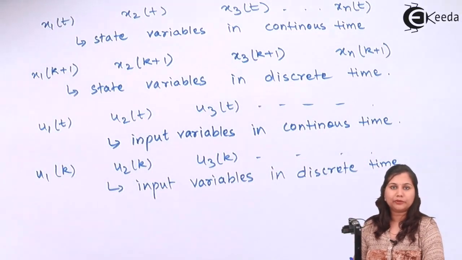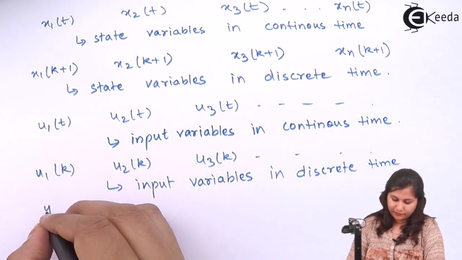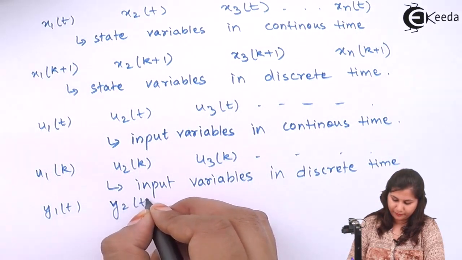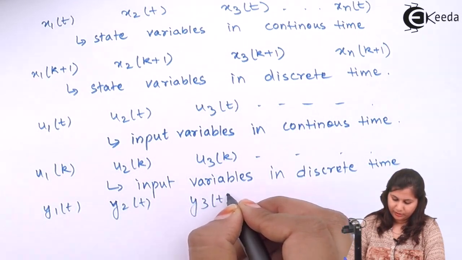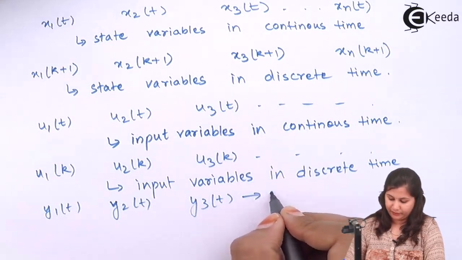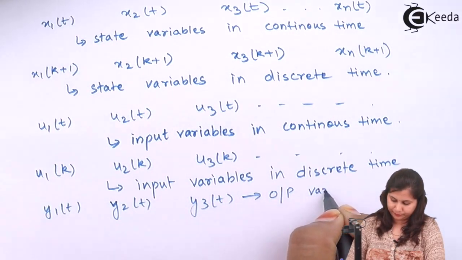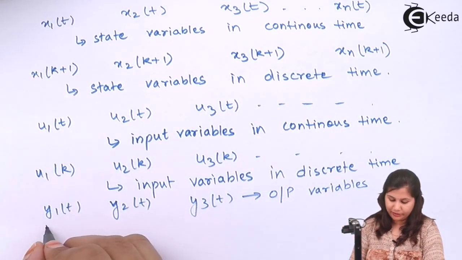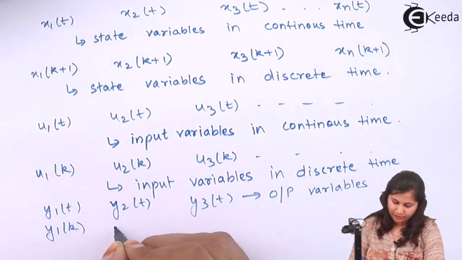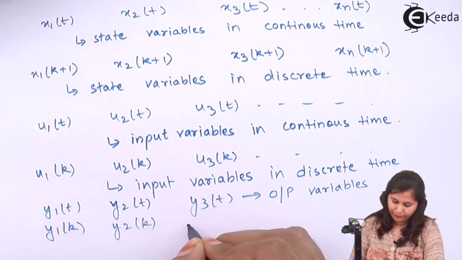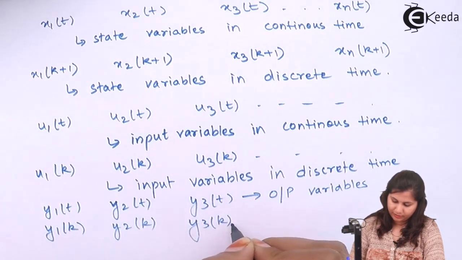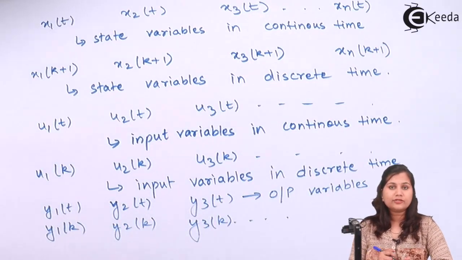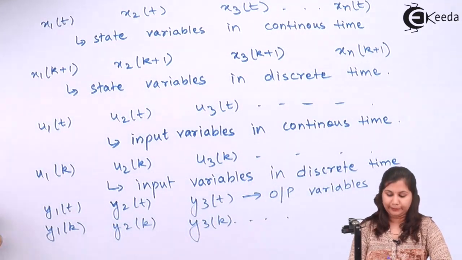Now comes the output variables. Output variables were y1(t), y2(t), y3(t). This is how the output variables are represented in continuous time. Now in discrete time it will become y1(k), y2(k), y3(k). So these are the changes in the discrete time.